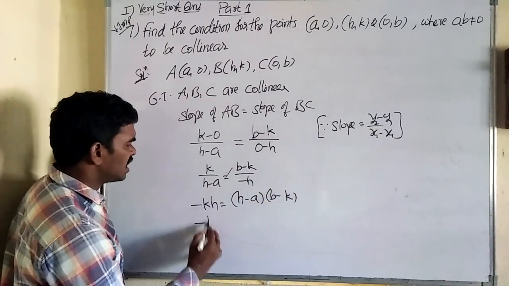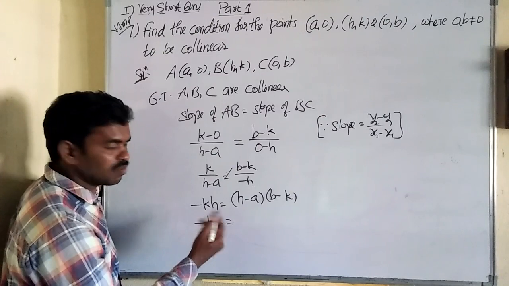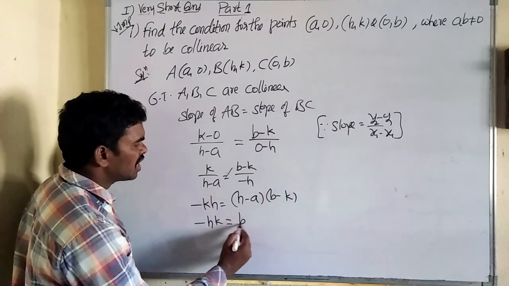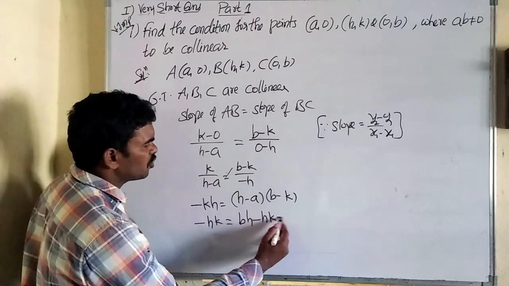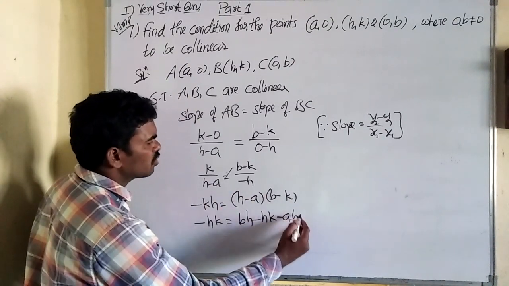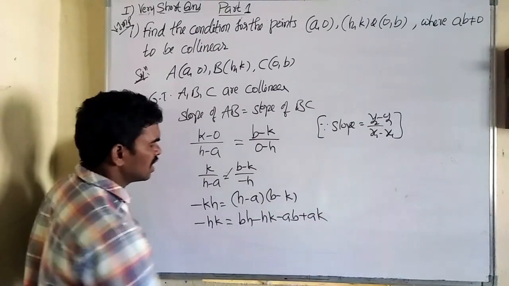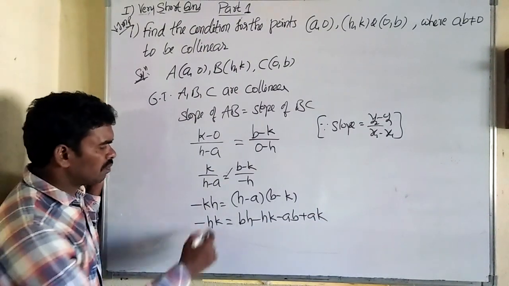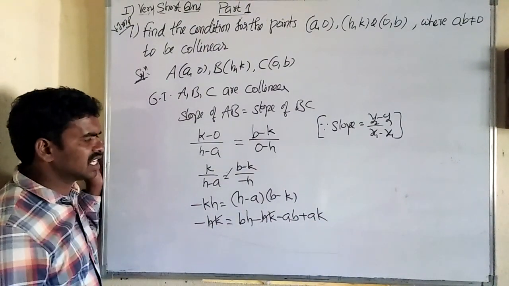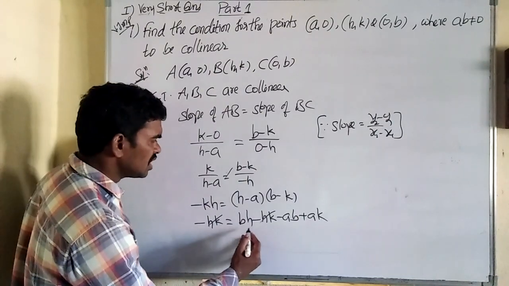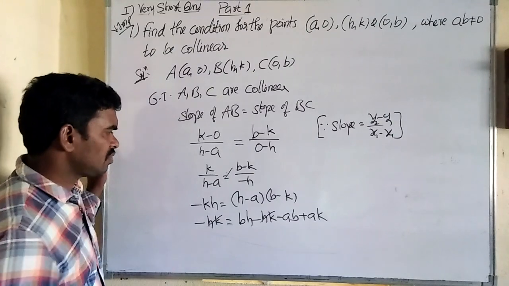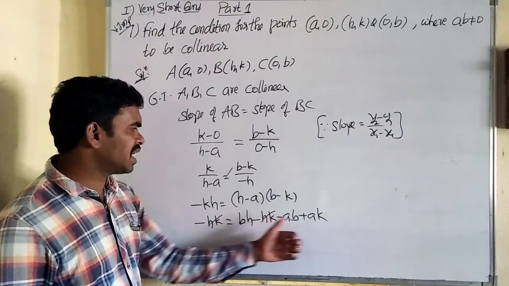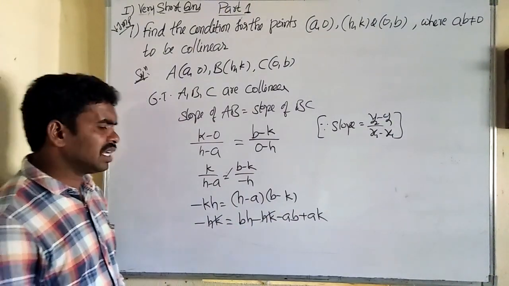So what do you get? Minus hk, minus kh, or hk, both are the same. h into b, bh; h into minus k, minus hk; minus a into b, minus ab; minus a into minus k, plus ak. The minus hk terms are common and get cancelled. Then see here, minus ab is there, and plus bh, plus ak is there.